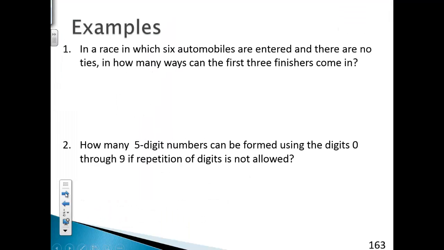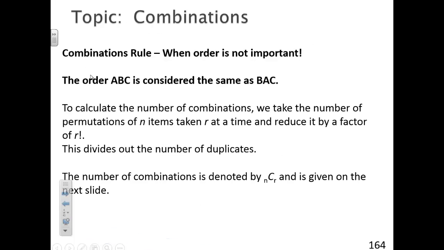Our next example, in a race in which 6 automobiles are entered and there are no ties, in how many ways can the first 3 finishers come in? So, here again we're ranking first, second, and third. That means the order does matter. So, our N is 6.